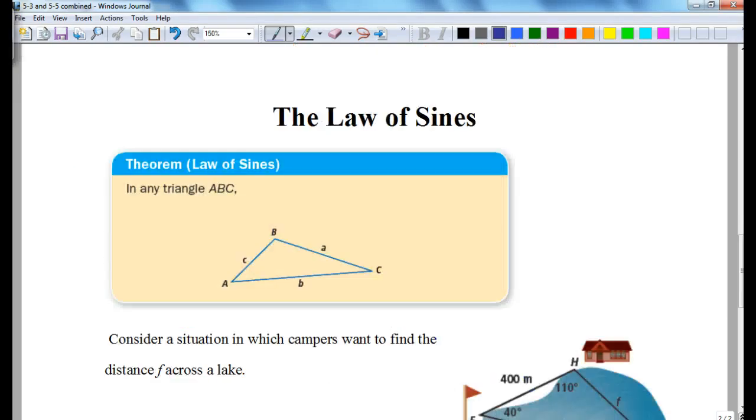All right, so for the law of sines, the formula for this one is sine big A over little a equals sine big B over little b and sine big C over little c.